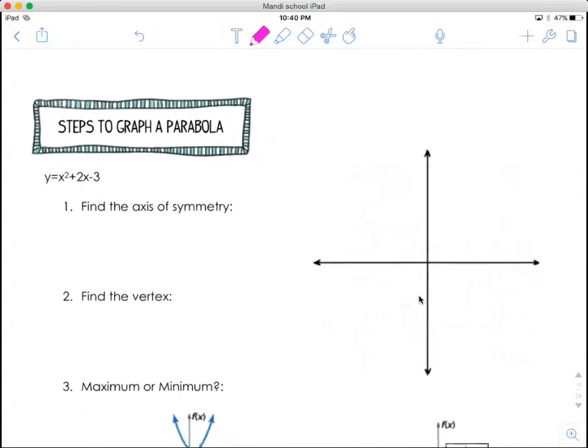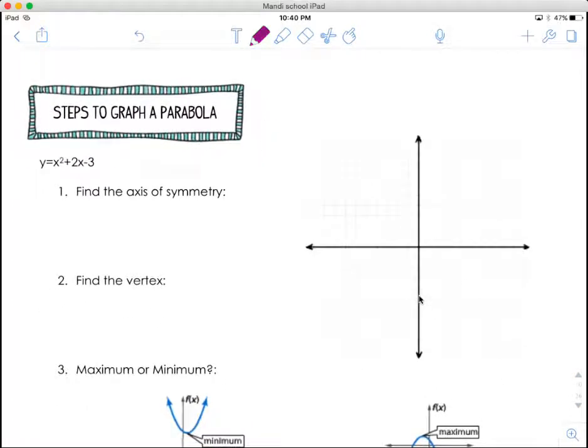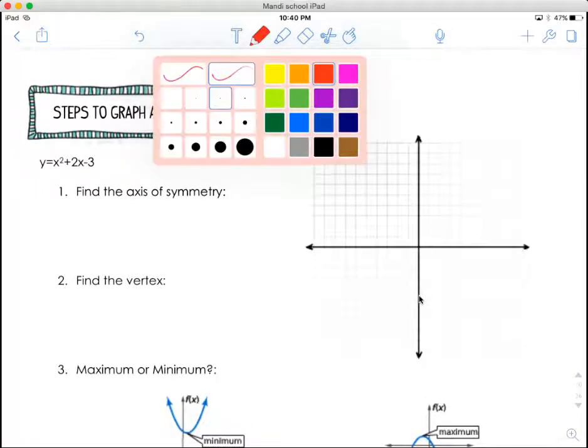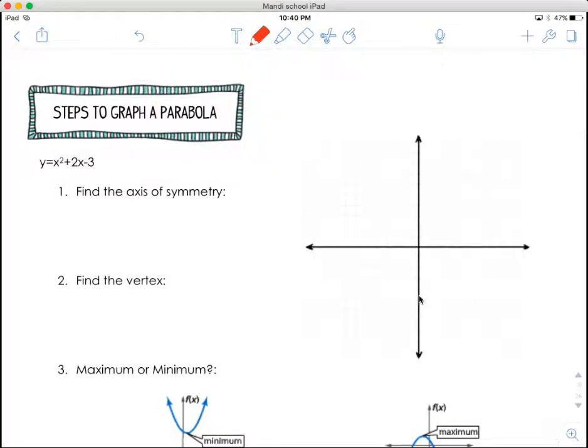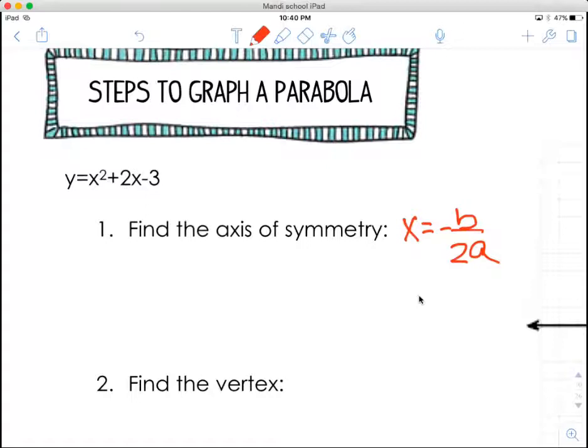Okay, so now we're going to have some steps to graph a parabola. The first thing that we want to do is find the axis of symmetry. And remember, the axis of symmetry is x equals negative b over 2a. Now remember, a is the number before the x squared, b is the number before the x, and c is the one without an x.